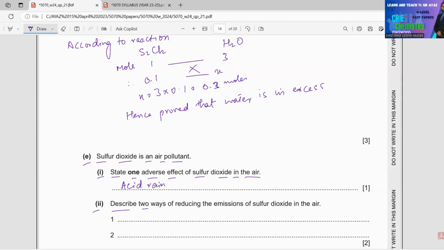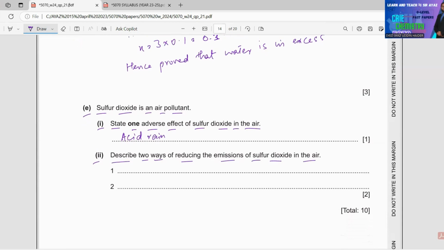Number two, describe two ways of reducing the emissions of sulfur dioxide in the air. Now you have to look for two ways of reducing the emissions of sulfur dioxide. We can use low sulfur fuels, do not use fossil fuels or use renewable energy resources, flue gas desulfurization or reacting SO2 with CaO or CaCO3.